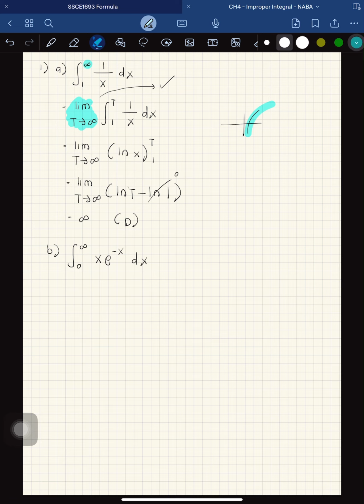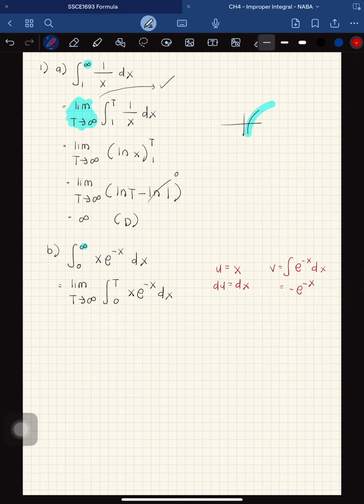We have infinity here, so the first thing you need to do is apply the limit. Now we have a polynomial x and the exponential e to the negative x, so we use LIATE. The polynomial we differentiate. So u equals x, du equals dx, and v equals the integral of e to the negative x dx, so the answer is negative e to the negative x.